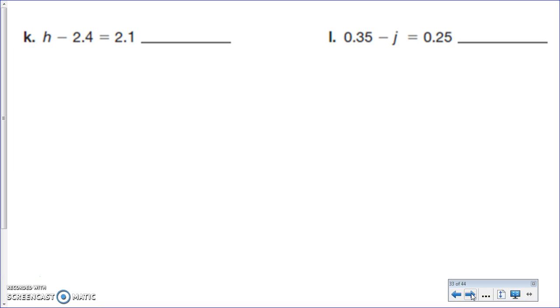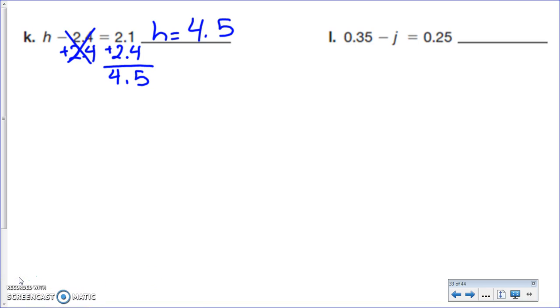For k, we have h minus 2 and 4/10. So to get h by itself, we're going to add 2 and 4/10 to both sides. And when we do that, we find out that h equals 4 and 5/10.